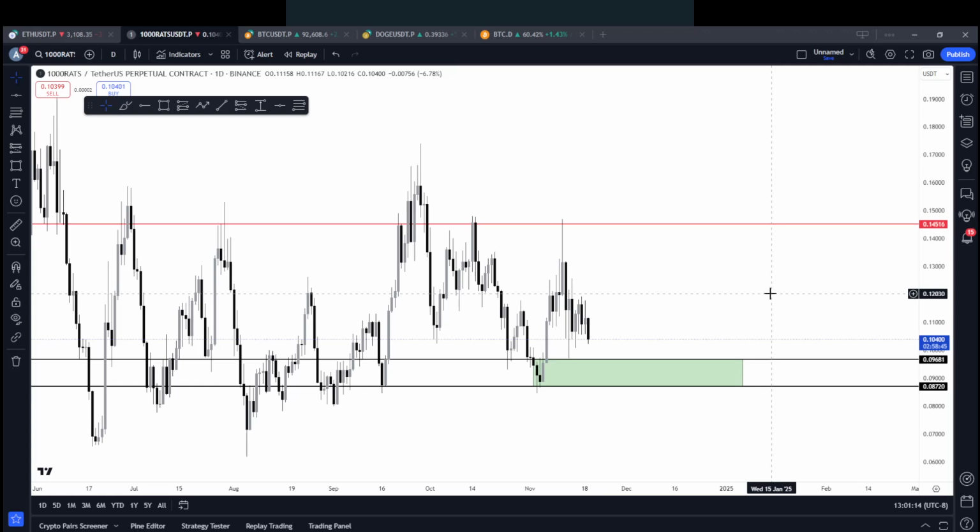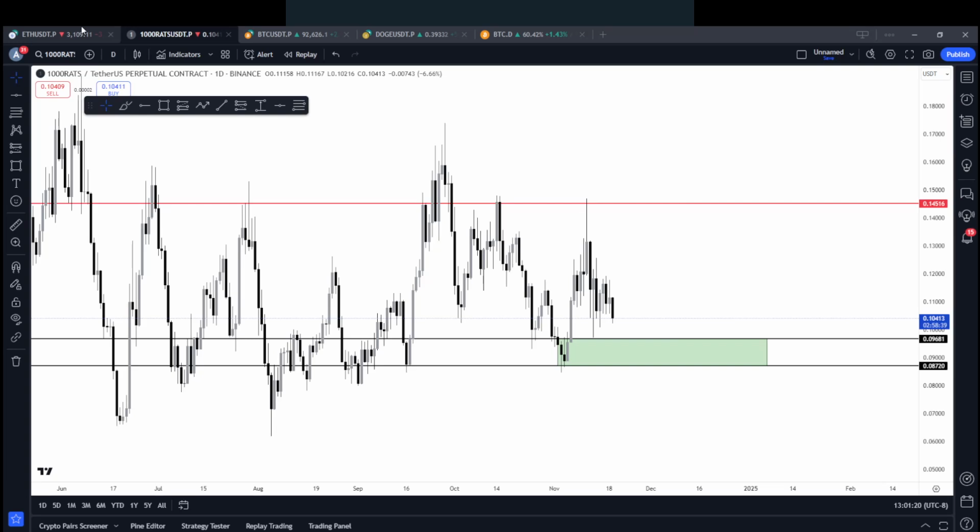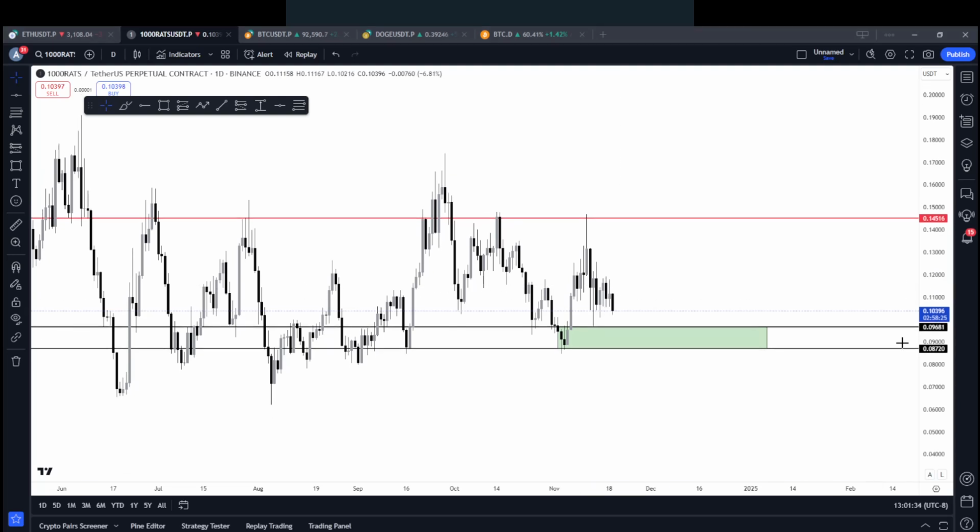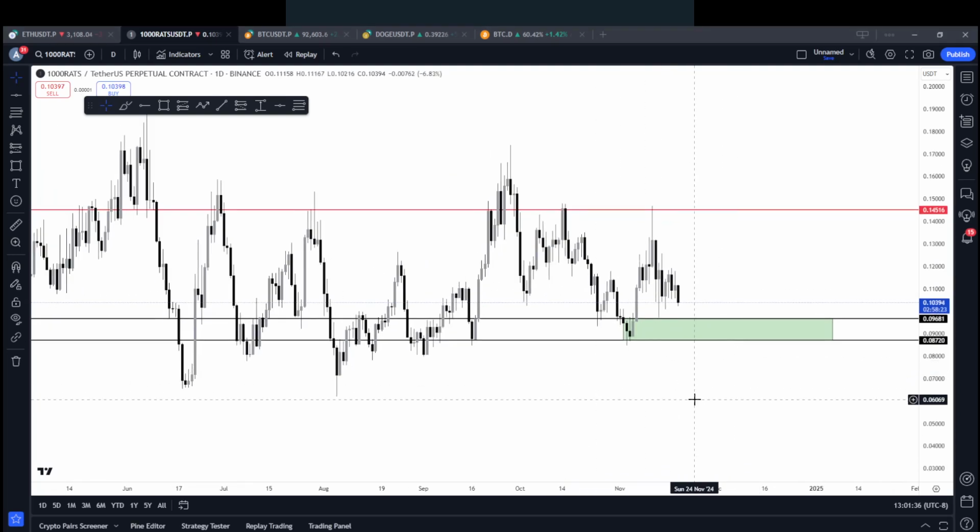Yep. All these daily and 4-hour candles on meme coins look terrible. They all have bearish engulfing candles. Well, I wouldn't say all, but what is this coin? That's where I would buy it. Let me take that back.